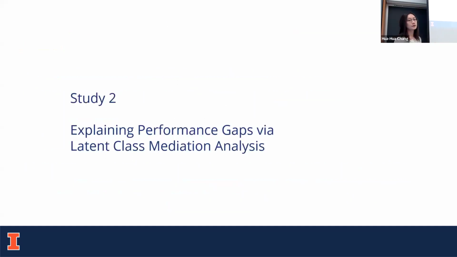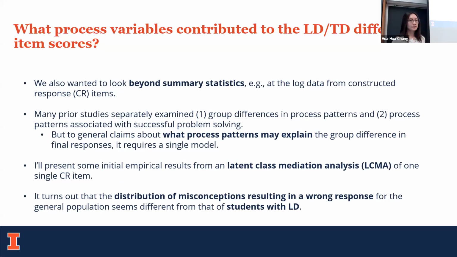With that, I want to move on to the second study, which is related to explaining performance gap using a model for latent class mediation analysis. So beyond summary statistics, like we just looked at, we might also be interested in looking at the log data for sequential features, from constructive response or CR questions.